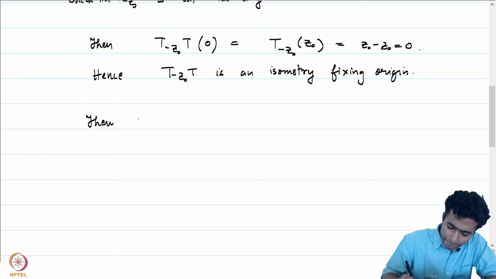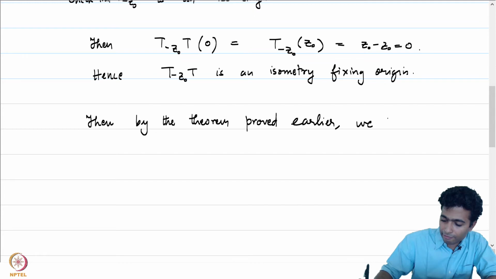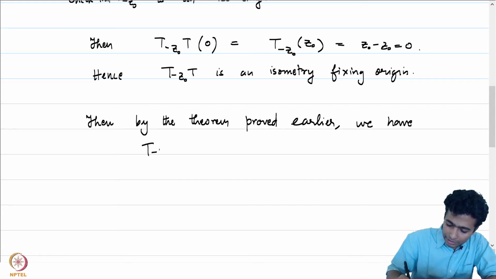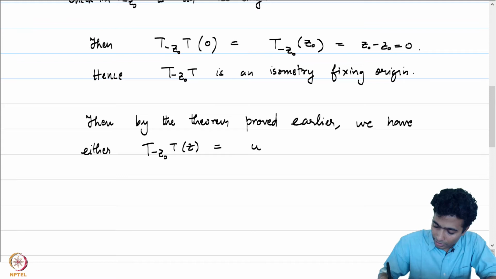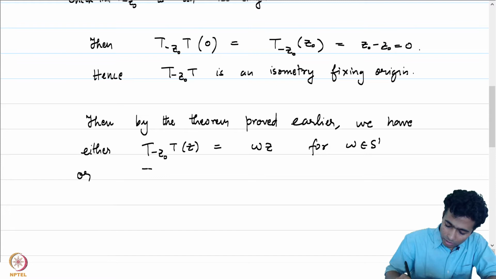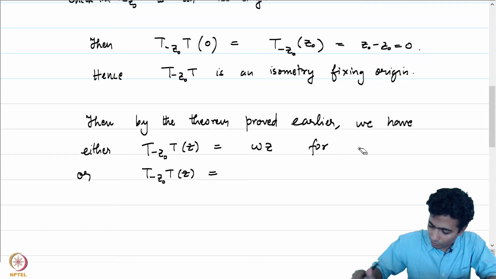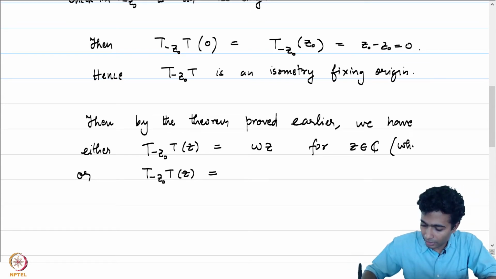Then by the theorem proved in one of the lectures, we have that either T minus z0 composed with T of z is equal to omega times z for all z in C, where omega is in S1.